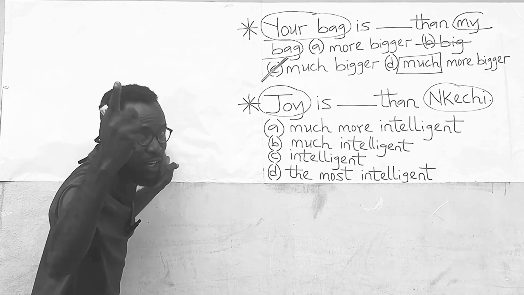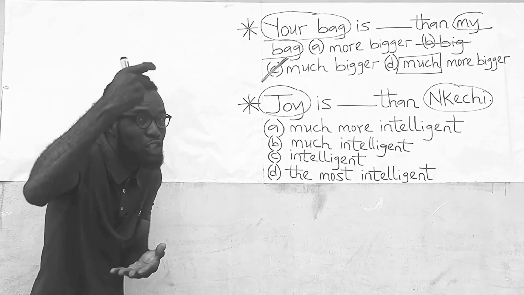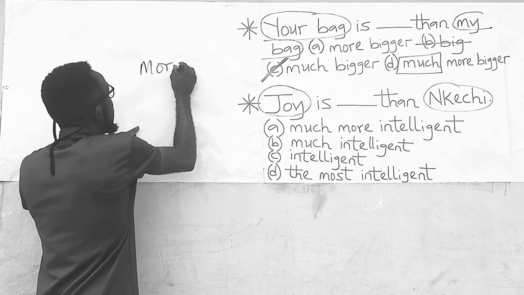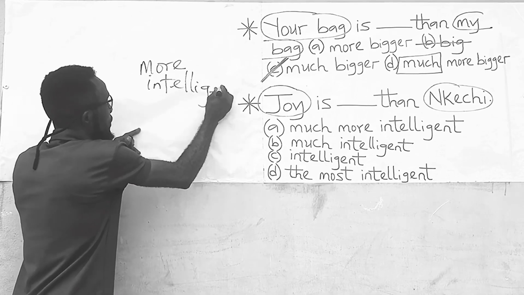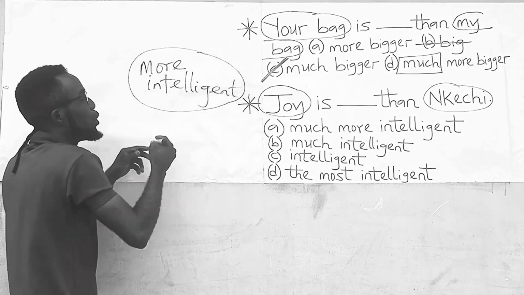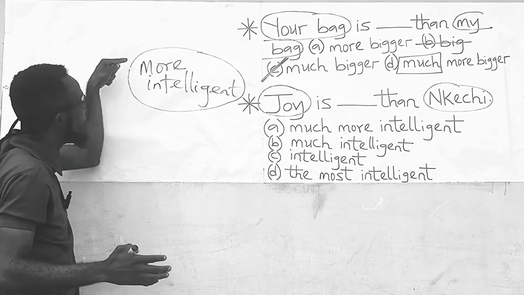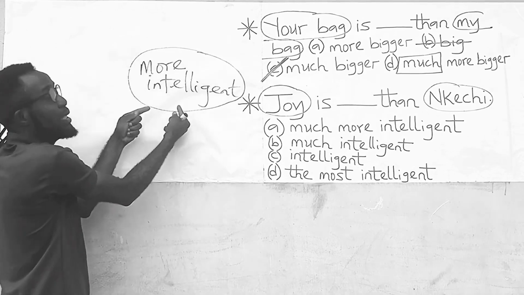You will agree with me that the comparative form of the adjective intelligent is more intelligent. This is the comparative form of the adjective intelligent. We have written it out.